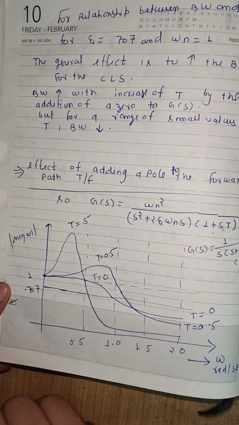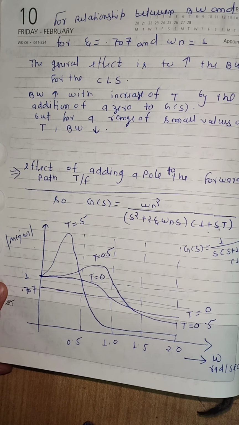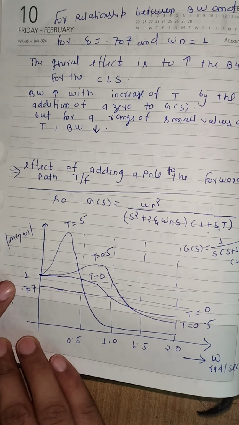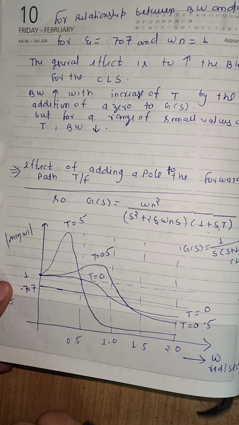So in the diagram we are considering omega n equal to 1 radian per second and zeta equal to 0.707.